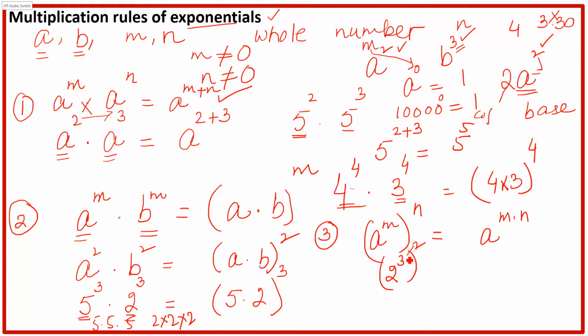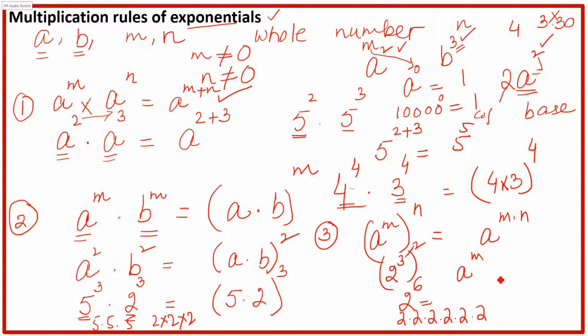Now you have to multiply these two exponents. 3 2 times is 6, it will be 2 raised to power 6, and it means you have 2 six times: 2 multiplied by 2 multiplied by 2 multiplied by 2 and then multiplied by 2. So if you have an exponent and then a whole exponent, you have to multiply the exponents and write it down. So here it is m dot n. So see, this is the third rule.